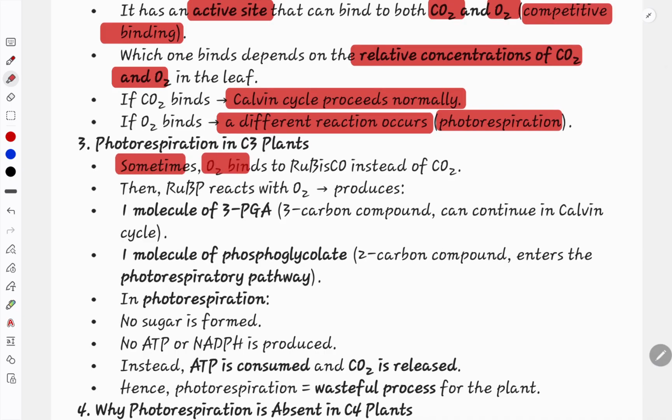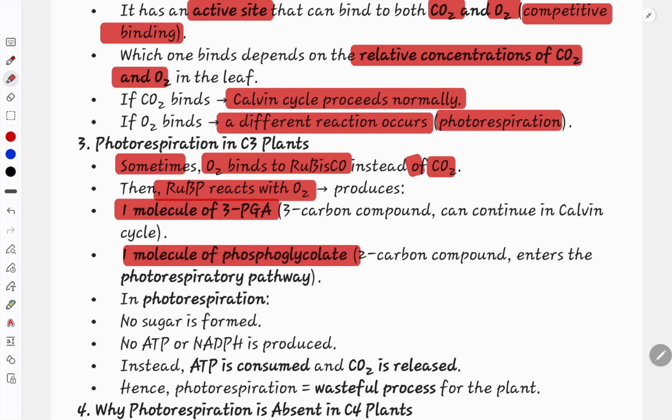Sometimes O2 binds with the Rubisco instead of CO2. Then Rubisco reacts RuBP with oxygen and produces one molecule of 3-PGA, phosphoglyceric acid, and one molecule of phosphoglycolate.